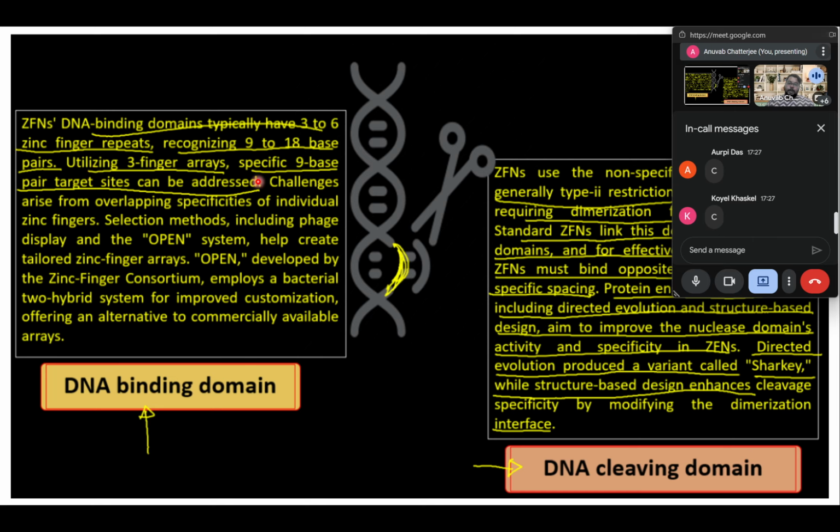Utilizing a three finger array, specific 9 base pair target sequence sites can be addressed. Challenges arise from overlapping specificities of individual zinc fingers. Selection methods, including phage display and OPEN systems, help create tailored zinc finger arrays. OPEN, developed by the Zinc Finger Consortium, employs a bacterial two-hybrid system for improved customization, offering an alternative to commercially available arrays.